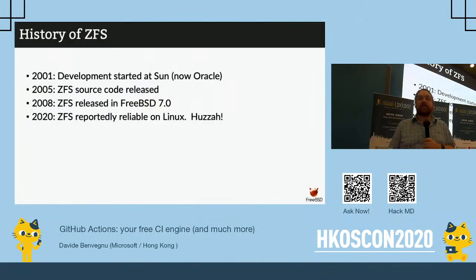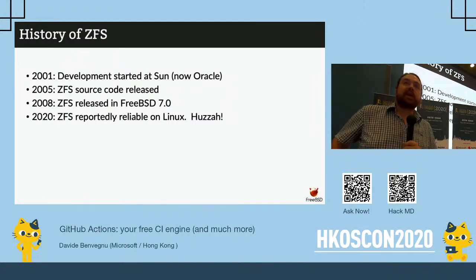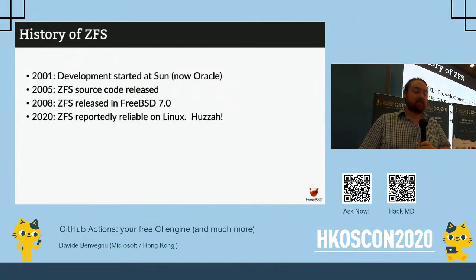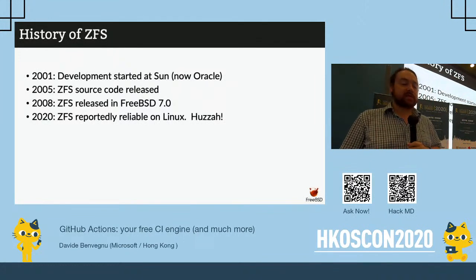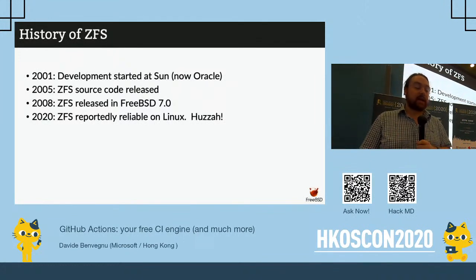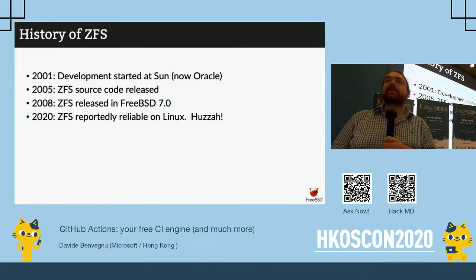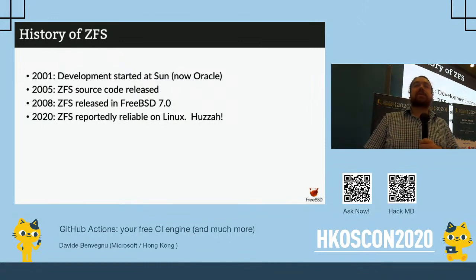Short history of ZFS. ZFS is almost old enough to vote in all of the world. It started in 2001 at Sun Microsystems, which no longer exists. It's now called Oracle. About 4 years later, they released the source code as open source, which was really nice of them. FreeBSD took 3 years to pick up the open source code drop and integrate it with FreeBSD 7 around about 2008.